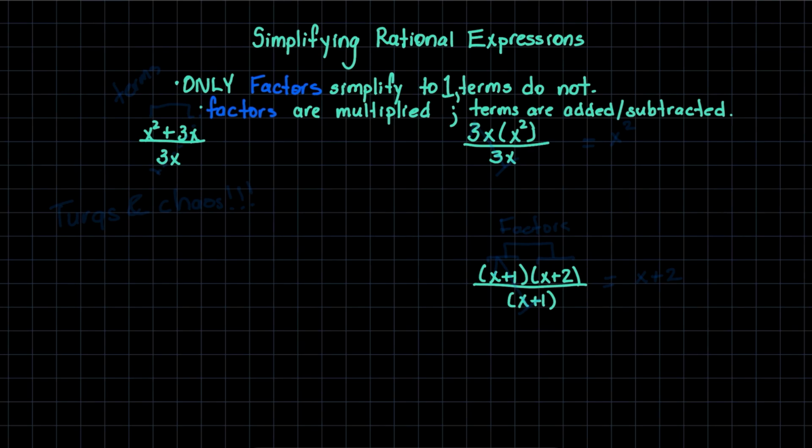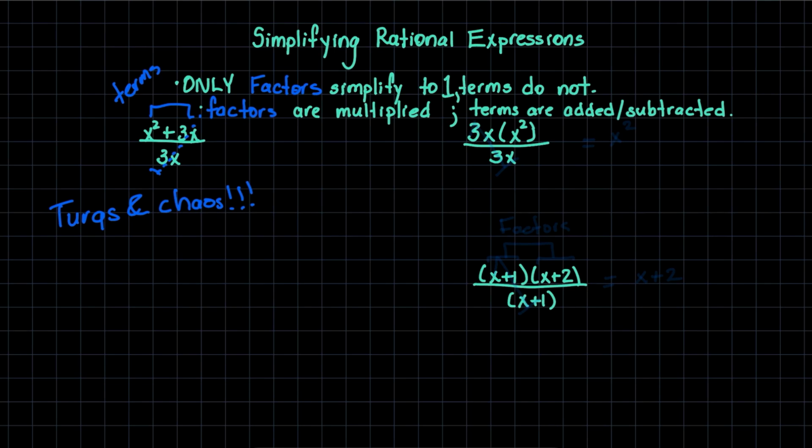So let's take a look over here. X squared plus 3x. These two things are terms, not factors. So it is illegal to try to cancel or simplify that 3x over 3x to 1. That is chaos, very illegal.